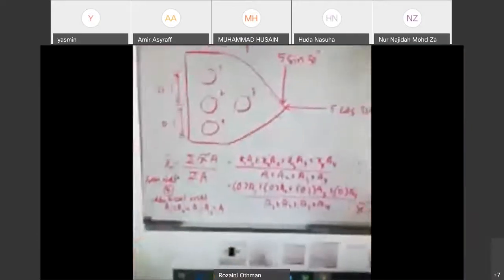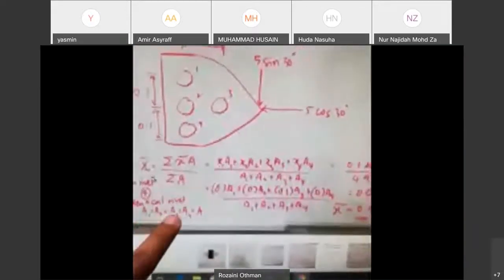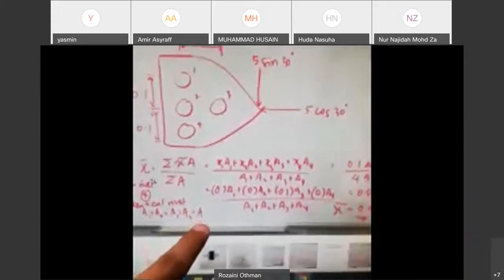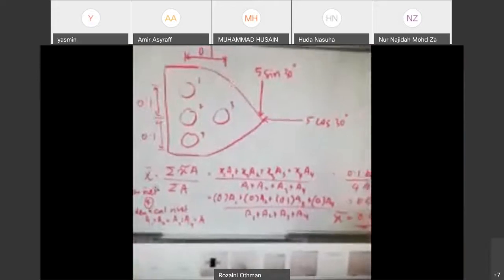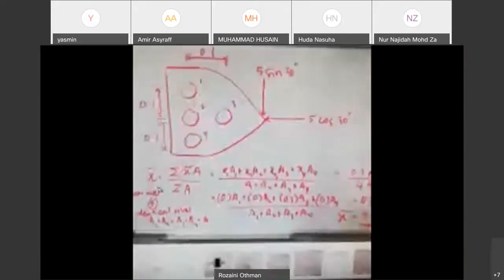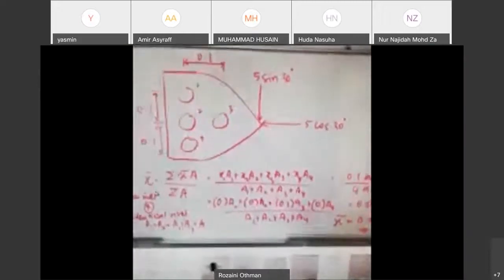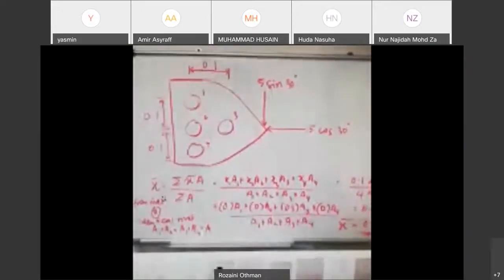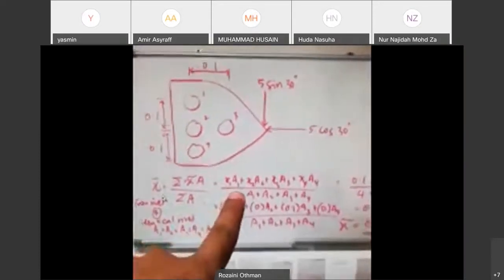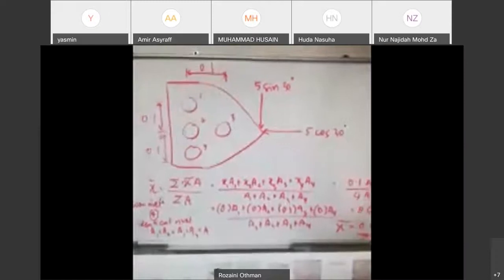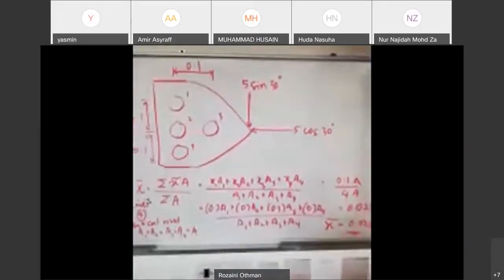Now we know that the rivets are identical. So A1 equals A2 equals A3 equals A4 equals A. We represent the area of each rivet as A because they are identical rivets. Please bear in mind that this equation depends on area. If the rivets are identical, the area is the same, so it's okay.